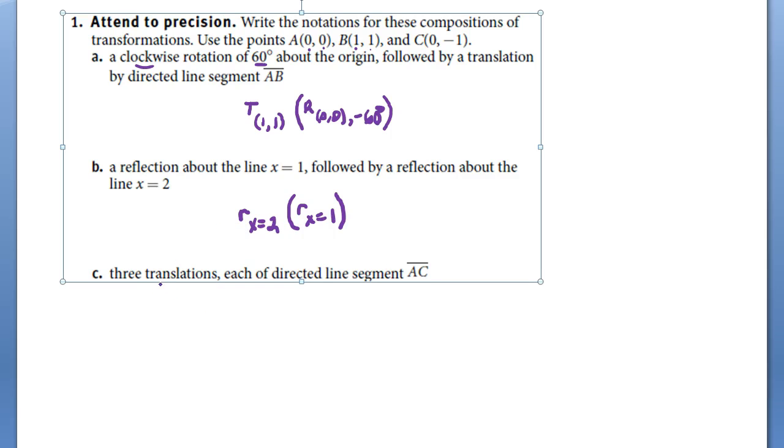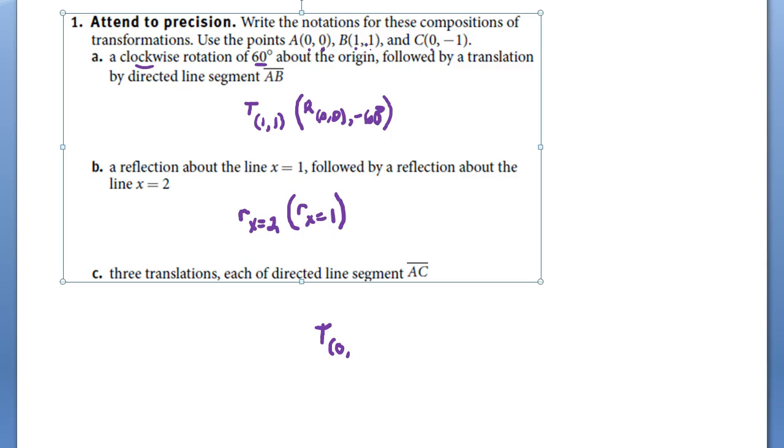Okay, question C. Let's do 3 translations, each of the directed line segment AC. So the symbol for translation is a capital T. Now I could say segment AC, but because it's coordinates, we can do better than that. From A to C, the X coordinate doesn't change. So you're adjusting the X value by 0.